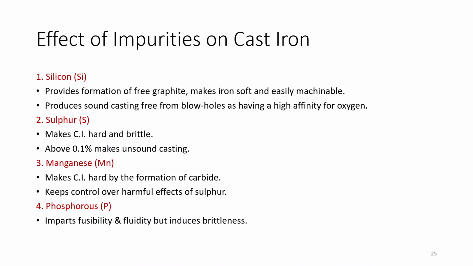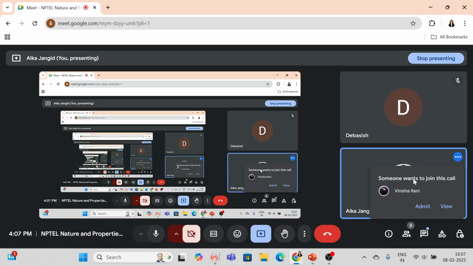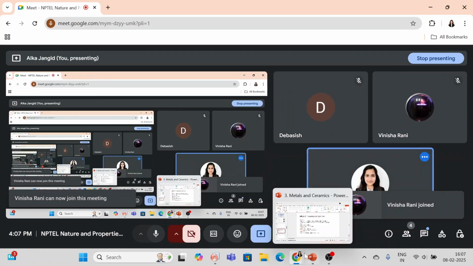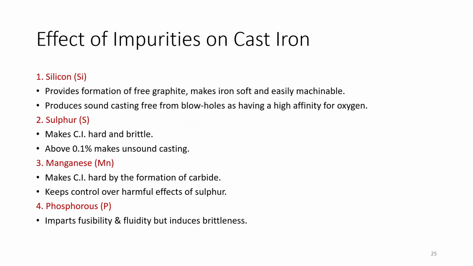So it keeps control over the harmful effect of sulfur. And in the case of phosphorus, it imparts fusibility and fluidity, but it induces brittleness. As I told earlier in the case of steel as well, if you have sulfur and phosphorus in your casting, it's more likely to make your material more brittle. So it imparts fusibility and fluidity, but it induces brittleness.